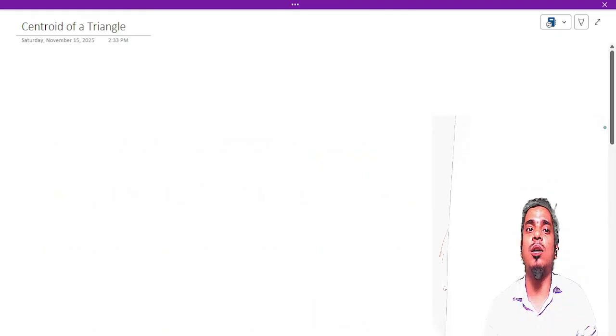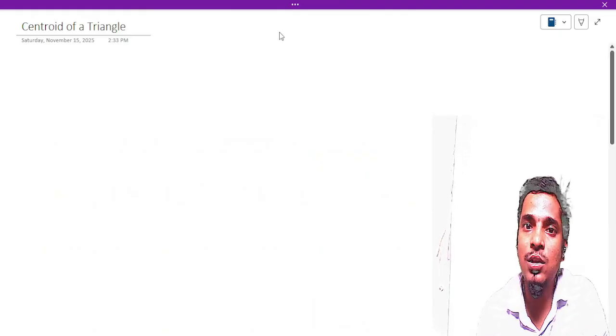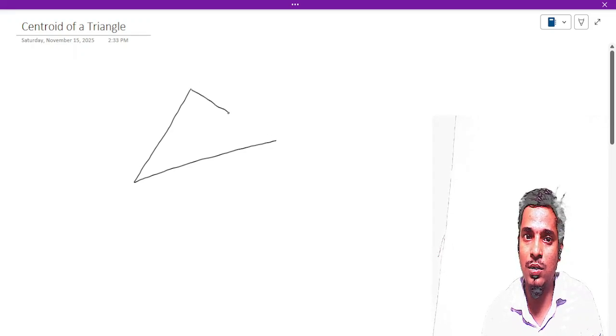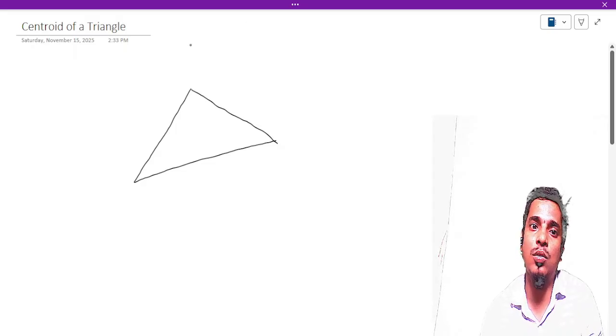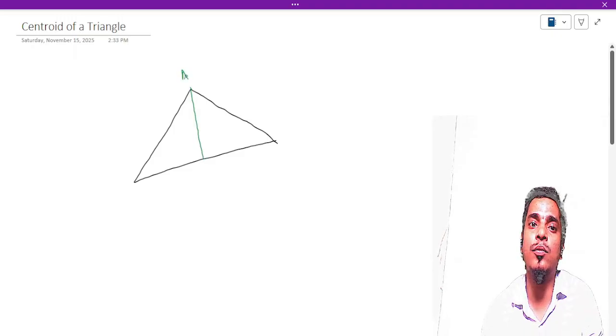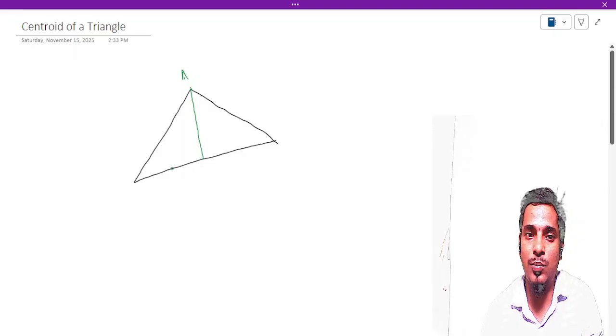In this, we are going to learn about the centroid of a triangle. The centroid of a triangle is nothing but the point of intersection of the three medians of a triangle. Let's say we have a triangle over here. A median is a line from a vertex to its opposite side, which divides the opposite side into two equal parts.